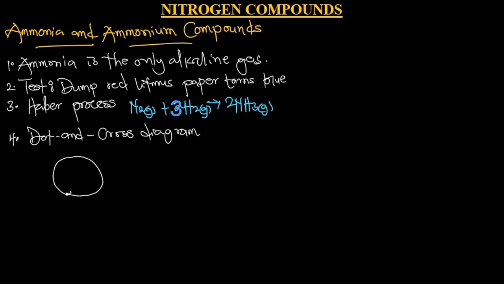So let's say this is nitrogen. Remember, it is the central atom. So I have nitrogen. Nitrogen has 5 electrons in its outermost shell.